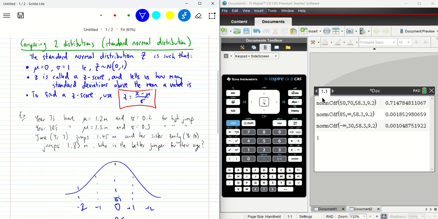So it's called a Z score that we give it, and what the Z score tells us is how many standard deviations that score is above the mean. Okay, and so that's really key. You go, well, you got a Z score of 2. That means you're 2 standard deviations above the mean. That's really high.